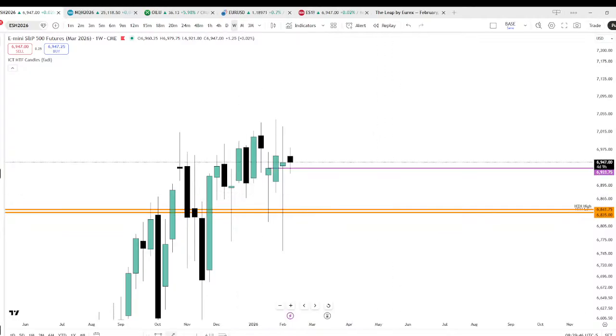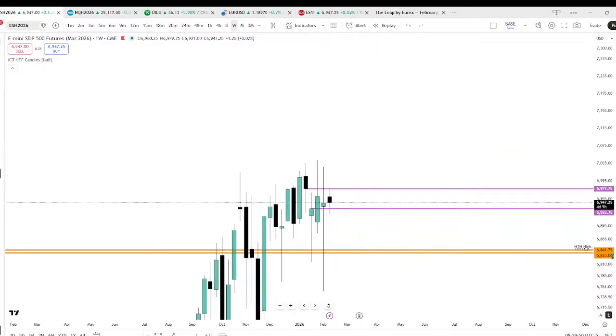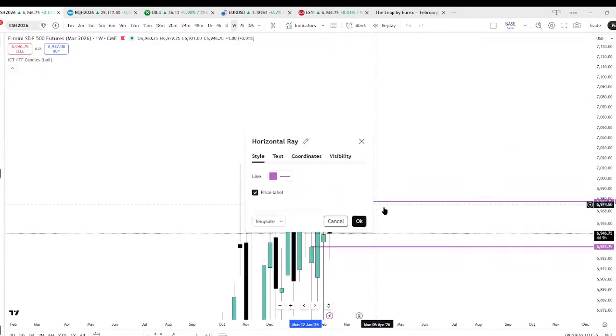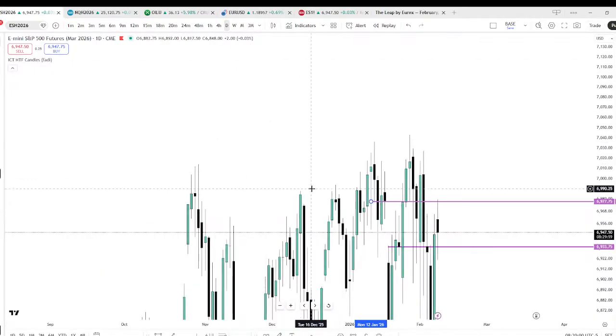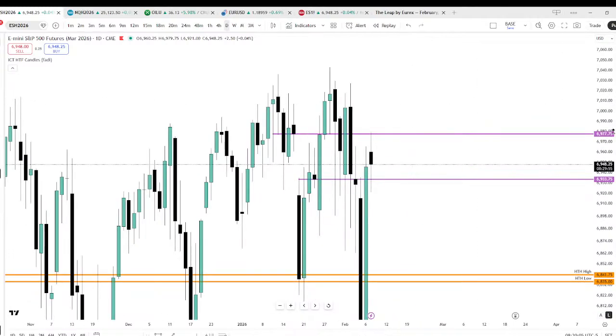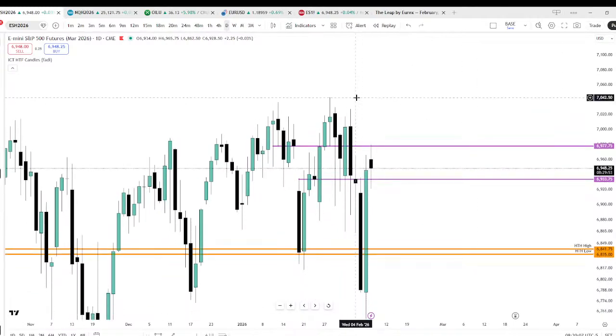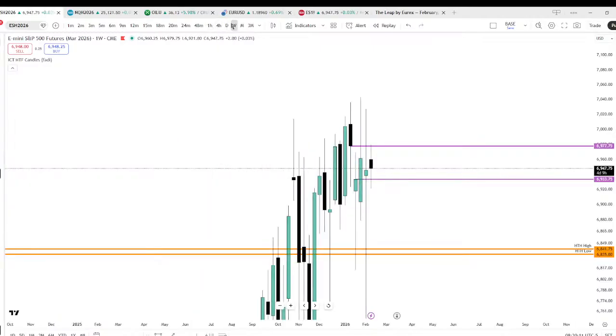Gap created on the weekly. So you want to mark those. And this is for the week of... actually the open is down here.